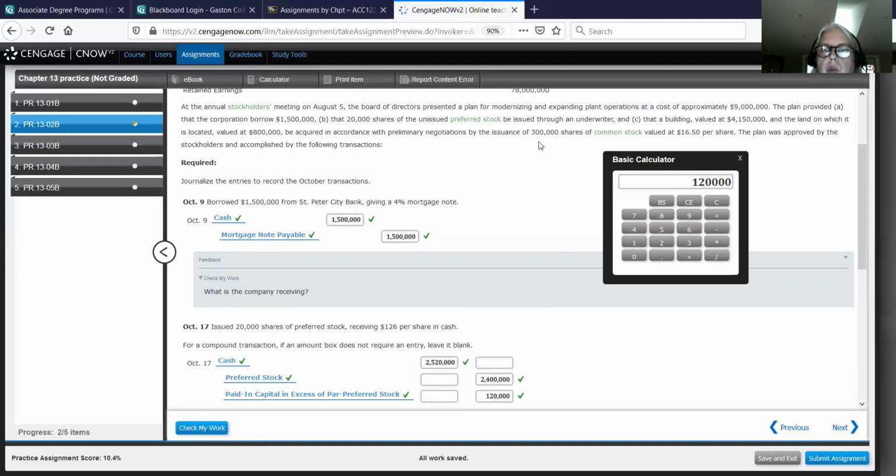So this is a case where we've gone out and bought a building and some land. We didn't give them any cash, but we gave them our stock. And the stock that we gave them was 300,000 shares.